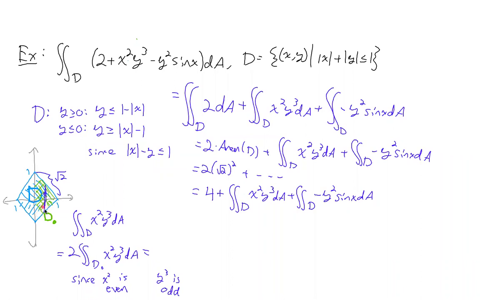This piece is antisymmetric, meaning y is going to be negative on this side but positive on the other side, with the same value, so these two halves are going to cancel each other out. So y is odd, and what that means is that both sides cancel.